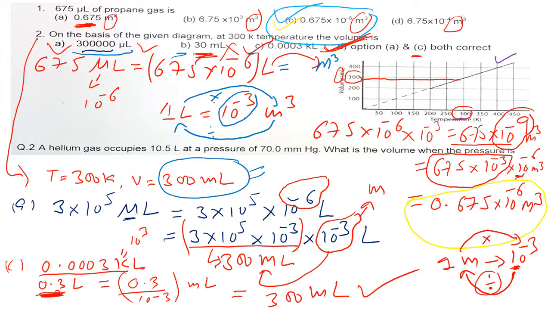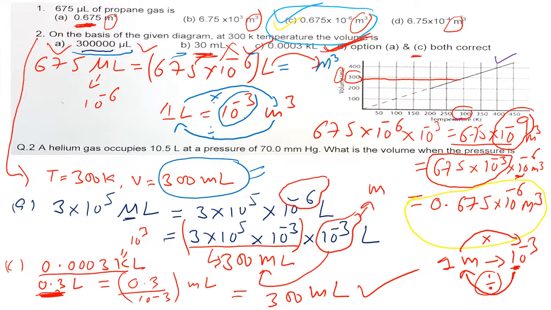Now I will change this to milliliter and then check whether it is coming 300 or not. So I am breaking this power, this 10 to the power minus 6. I can write this number like this: 3 into 10 to the power 5, and here 10 to the power minus 3, and here 10 to the power minus 3, and this is liter. So this minus 6 is minus 3 and minus 3.